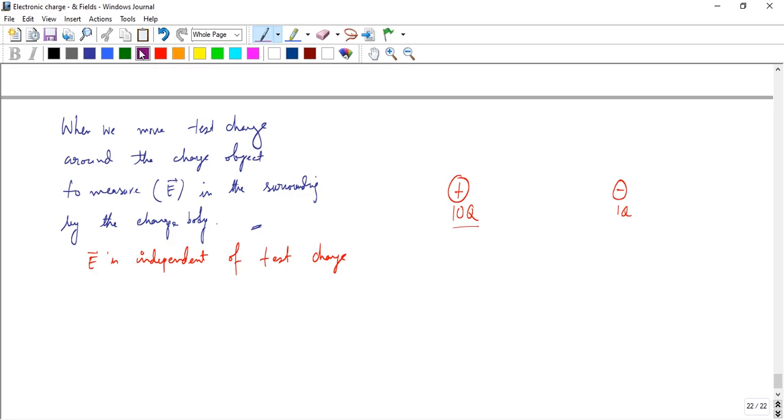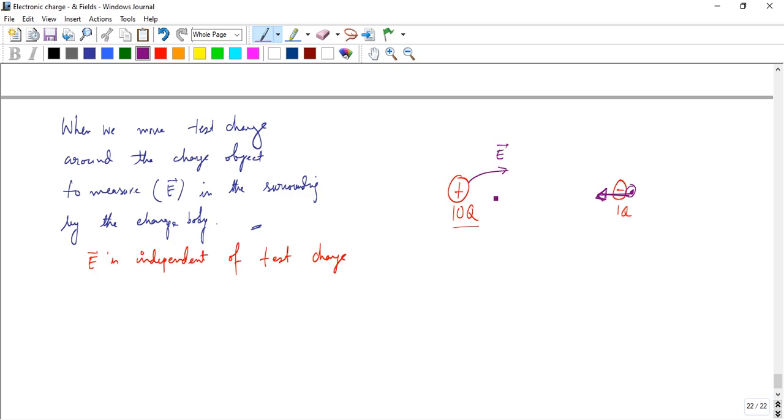Now tell me what is the field at that point. At that point the field is in that direction, because of the 10Q charge's electric field and that is a minus Q, so E is obviously in that direction.